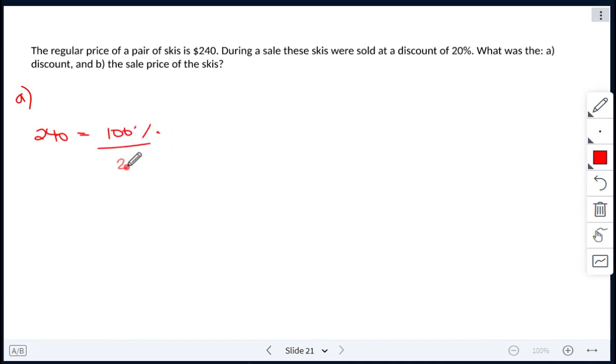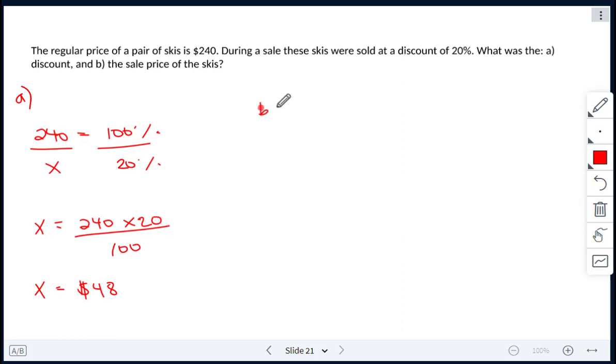They were sold at 20% off, so we're solving for that discount. So when we put that into the calculator, we're going 240 times 20 divided by 100, and that gives $48.